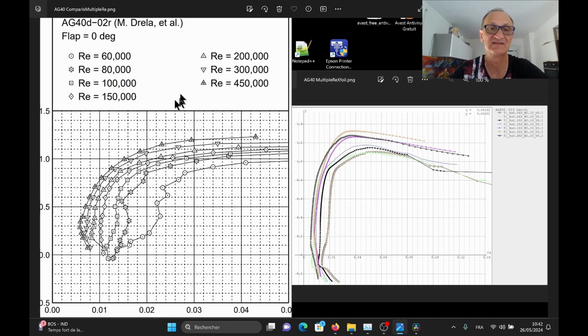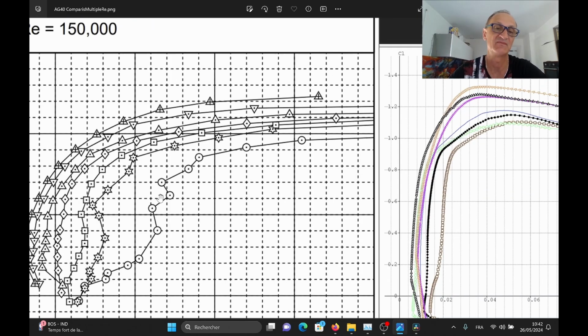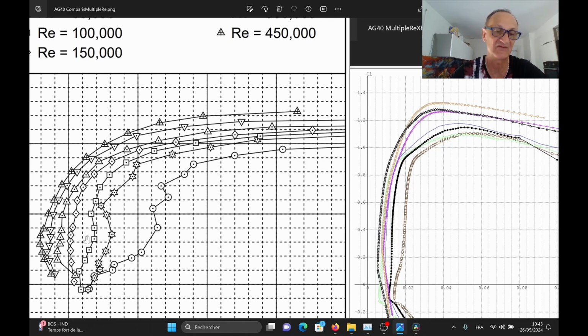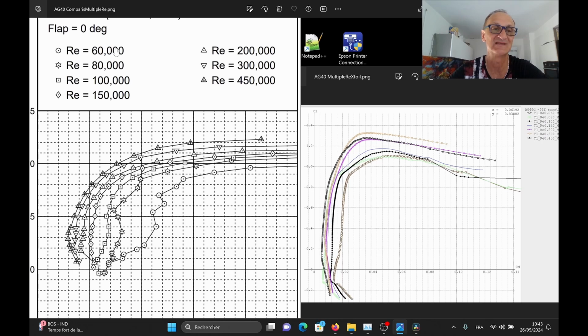Of course, this profile had been designed for a specific range of Reynolds, and you can see here on the first polar on the right of the left graph that we have a bubble that starts to appear in the wind tunnel, at 60,000 Reynolds and at 80,000 Reynolds.